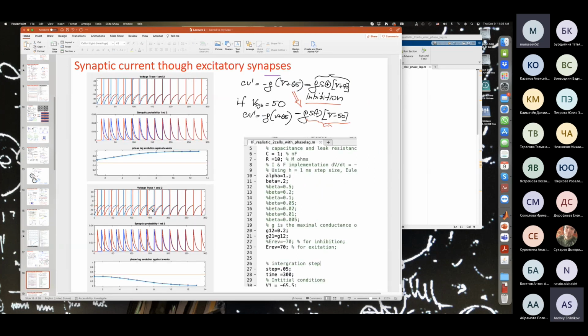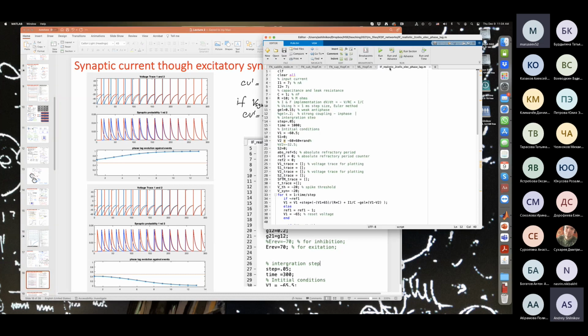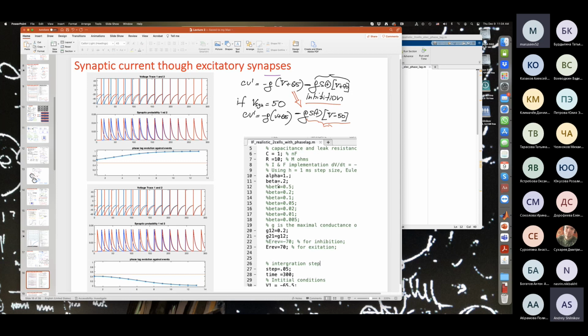Here we are. Now we're getting back to the same file, but this time it's called integrating fire realistic 2-cell with phase lag. The difference from the previous file is that the previous file has realistic 2-cell electric phase, so this one doesn't specify.